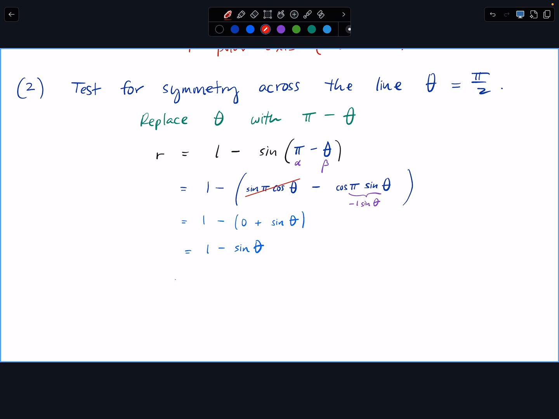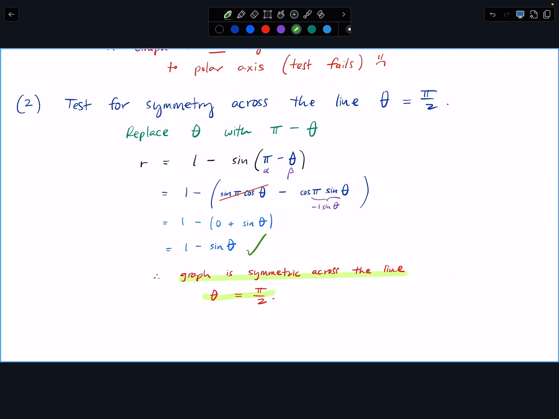So therefore, this graph is symmetric across the line theta is equal to pi over 2. I'm going to put a check mark. We're not even going to finish this because we're going to run out of time.